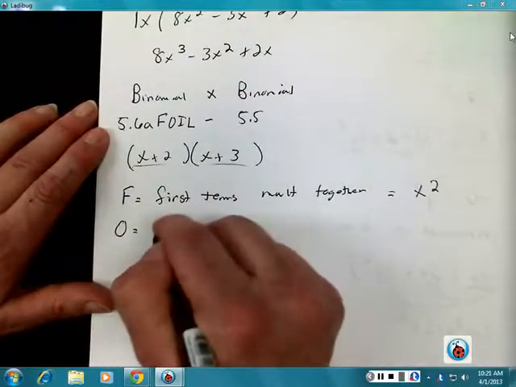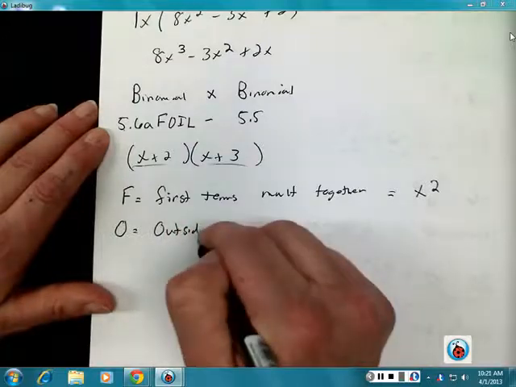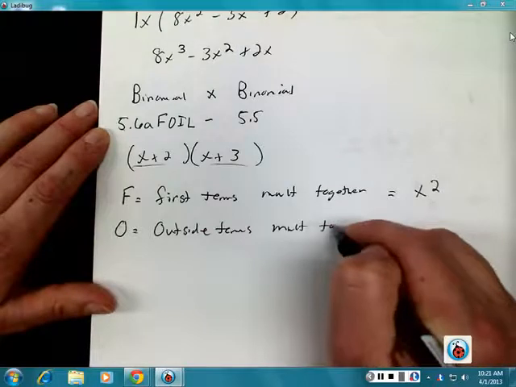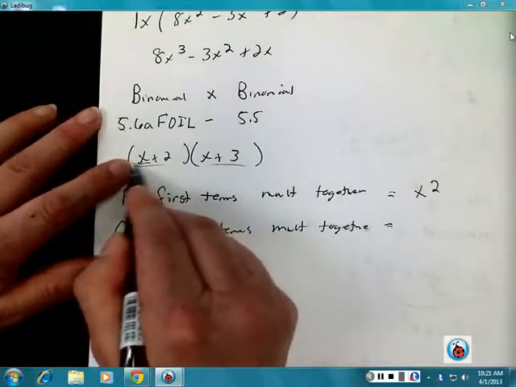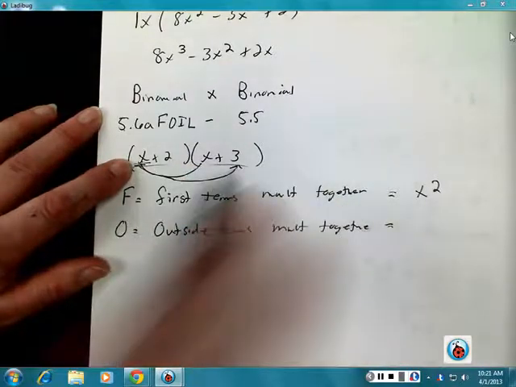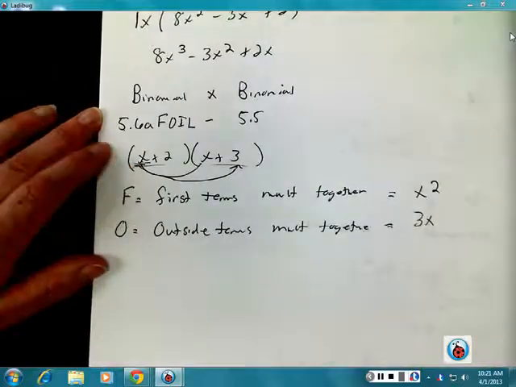O stands for the outside terms multiplied together. What's that going to equal? Outside means I multiplied the first terms, then I'm going to multiply those two. So x times 3, 3x.